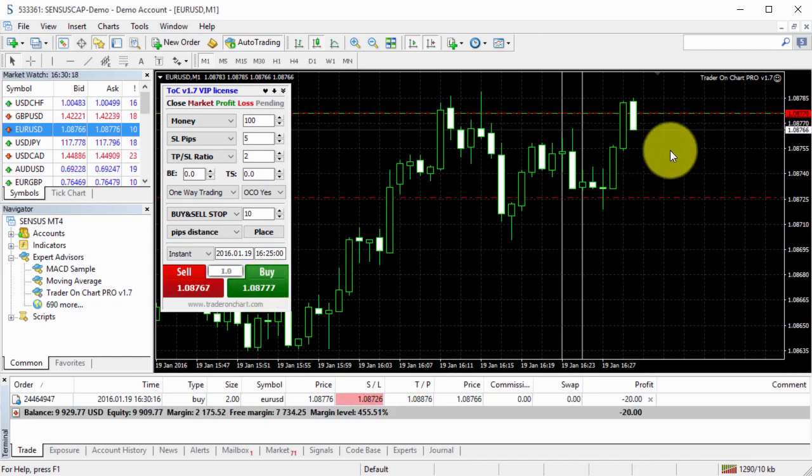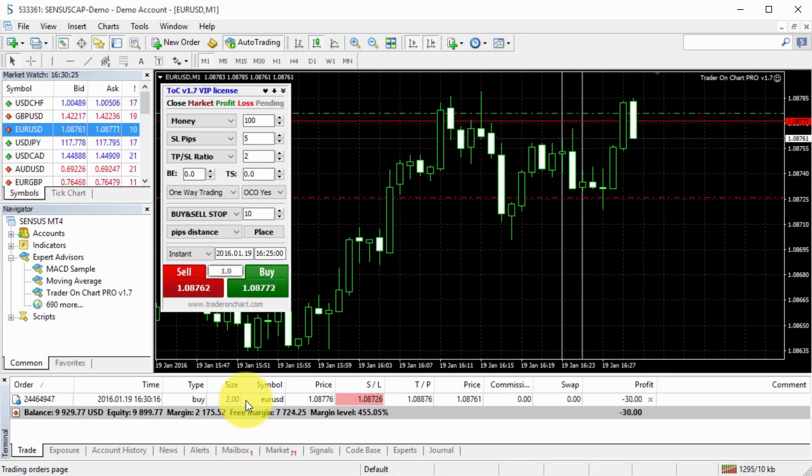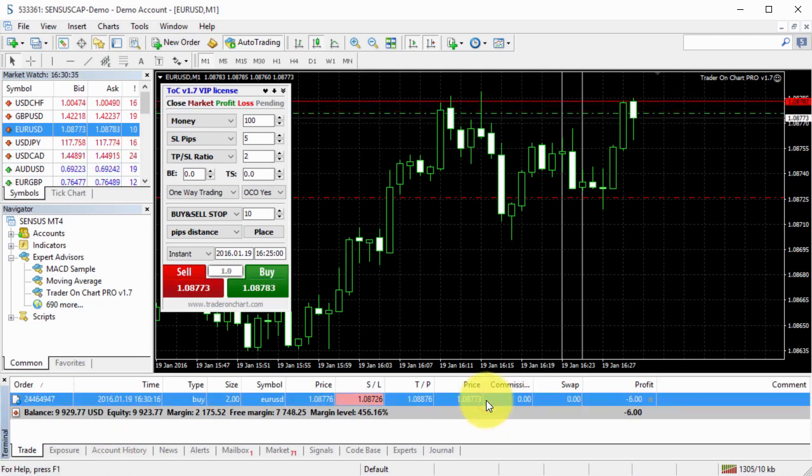And now it shows to have a lot size of 2, and this means that if my stop loss gets hit at 5 pips, the trade should lose approximately $100. And if it hits take profit, obviously it should win 2 times that.